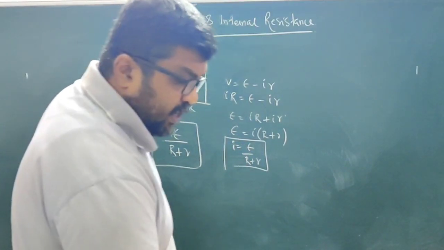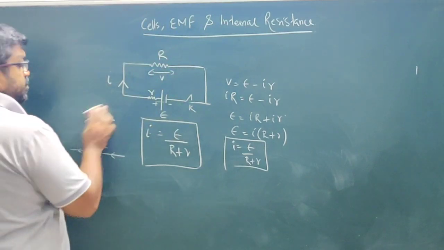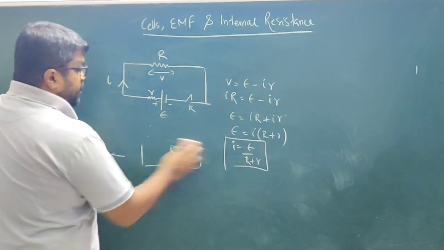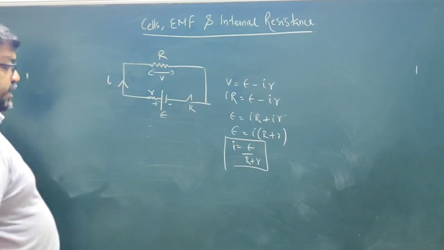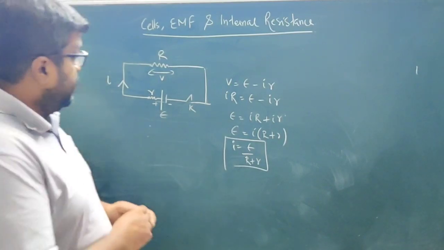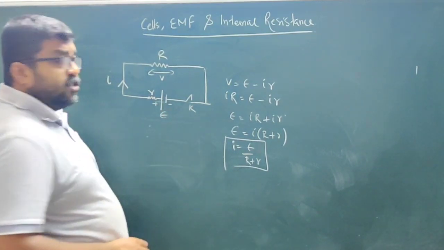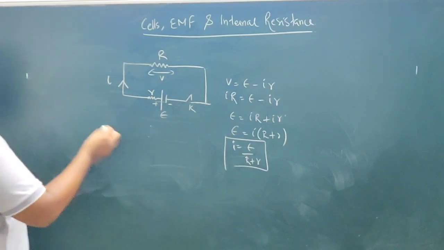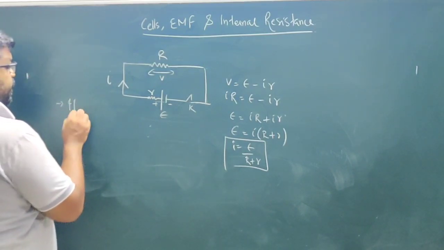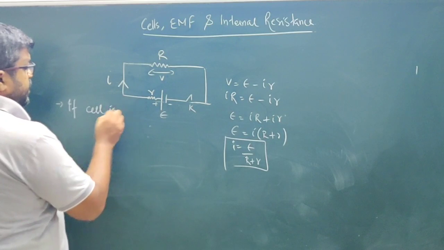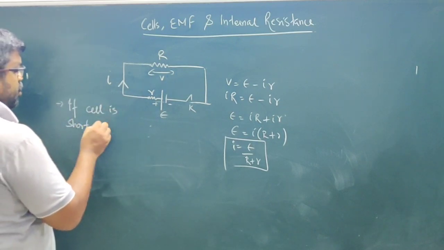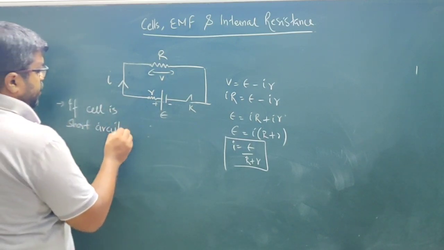Now we have got the current. What happens if the cell is short circuited?